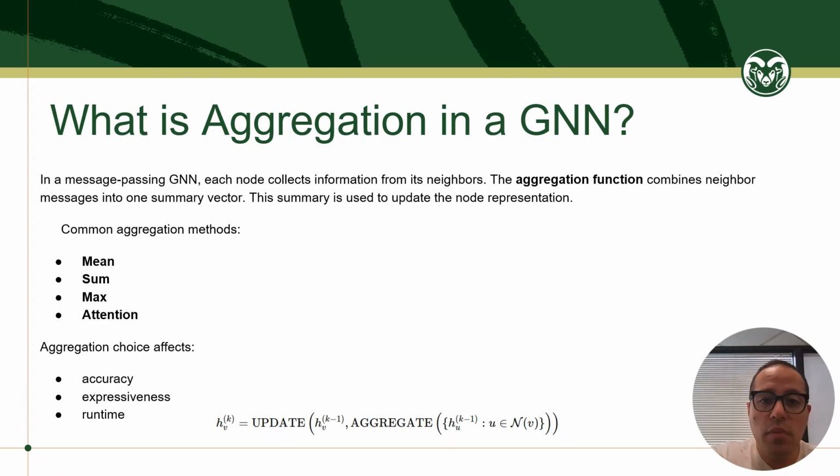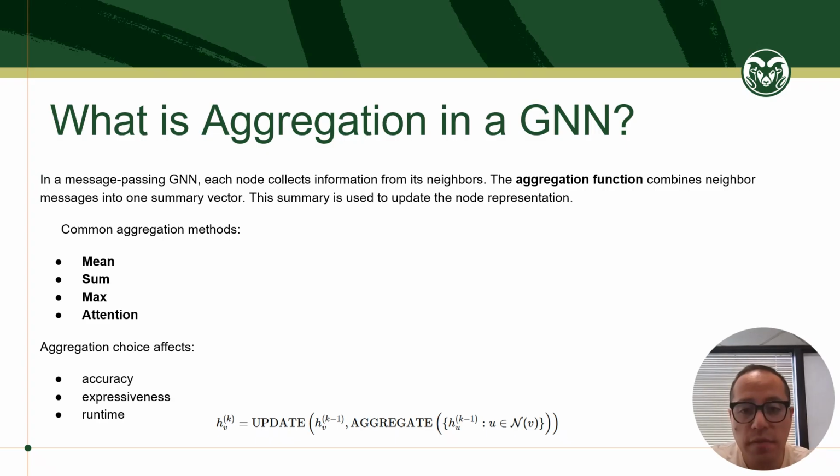Before comparing models, it is important to understand what an aggregation method means in a GNN. In a message passing graph neural network, each node updates its representation by gathering information from its neighboring nodes. The equations shown in the slide show this update process, where the new representation of a node depends on its previous representation and on an aggregation summary of the features coming from its neighbors.